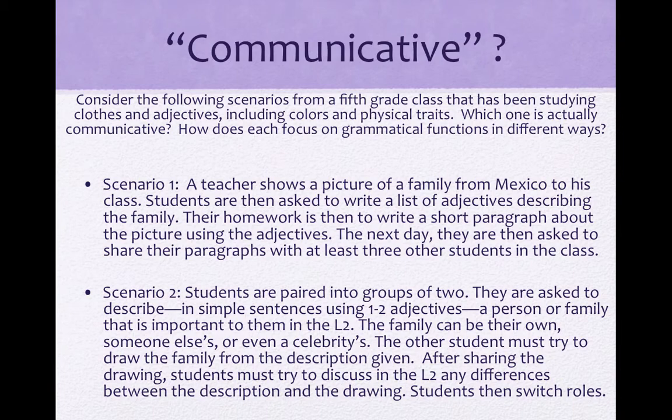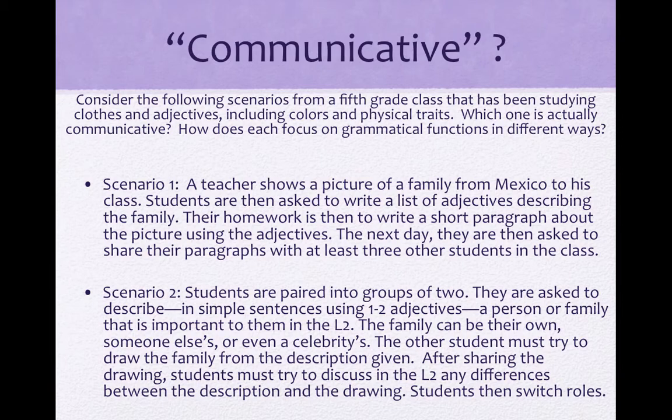In scenario 1, yes, they're using the grammar that's being taught in the class and they're practicing their writing. However, they're just working in the presentational mode, really, because they're just telling their paragraphs to other students in class. They're not asked to get any feedback, they're not asked to share any information, and the students that are listening to them aren't actually asked to do anything with the information.